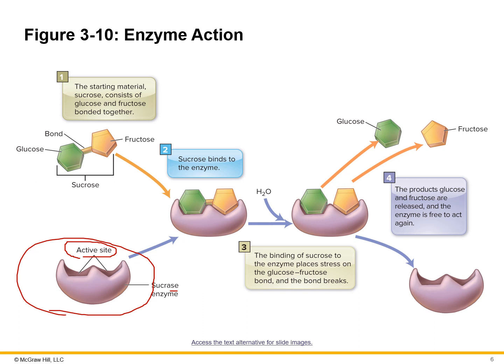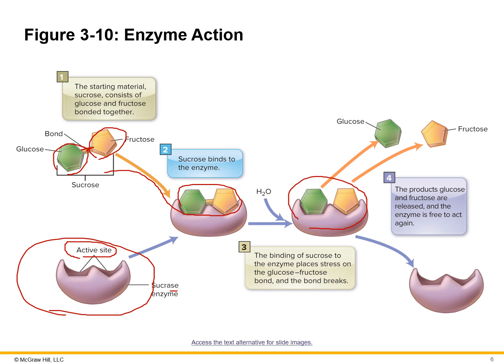So in this case, we're breaking down the disaccharide sucrose, so our table sugar. It's made up of two monosaccharides, glucose and fructose, held together by this bond. So we want to break that bond. So what's going to happen is sucrose is going to bind into that active site on our enzyme, our sucrase. They attach. We need a little bit of water to help with this. And then what that enzyme does is it helps speed up reactions.